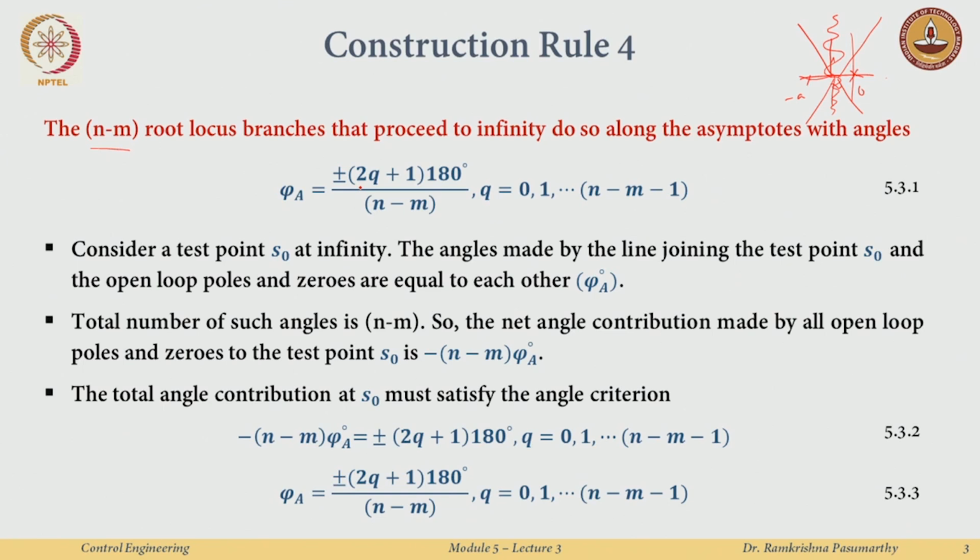So consider a test point at infinity. Let me erase this. Say I have my sigma and j omega axis here, and this is my infinity here. So there is this point S0 at infinity.